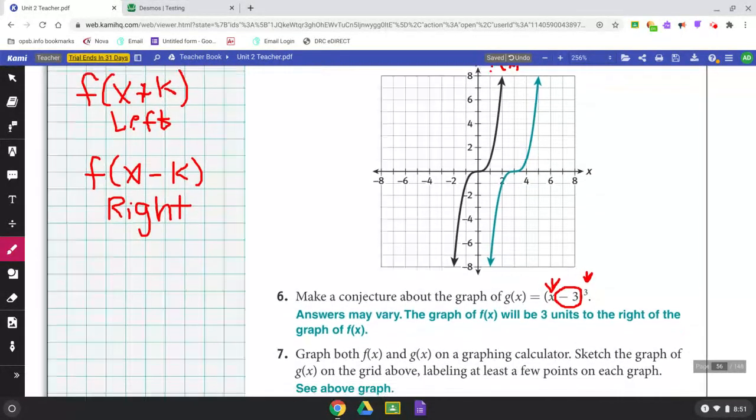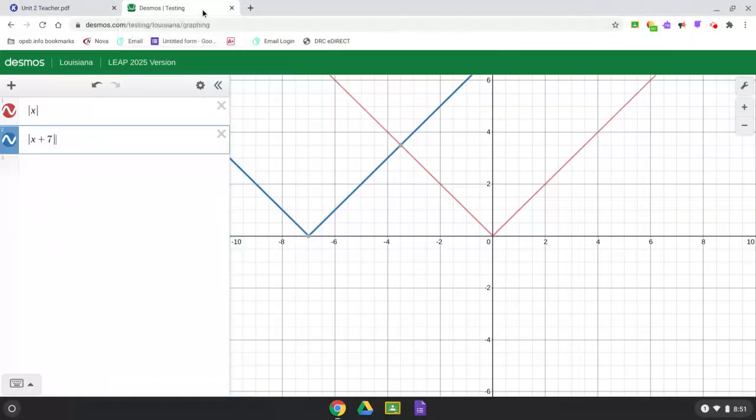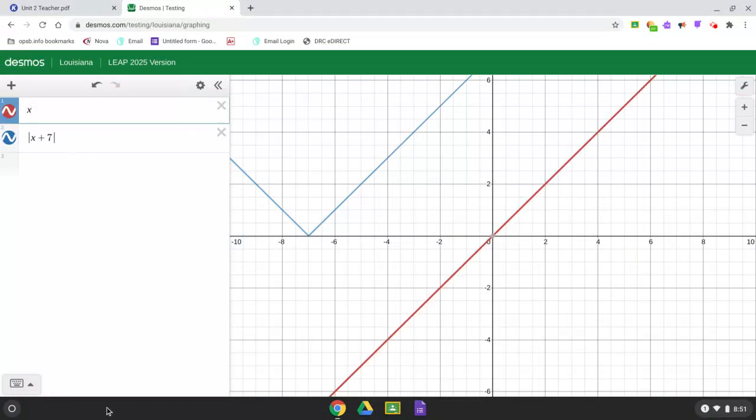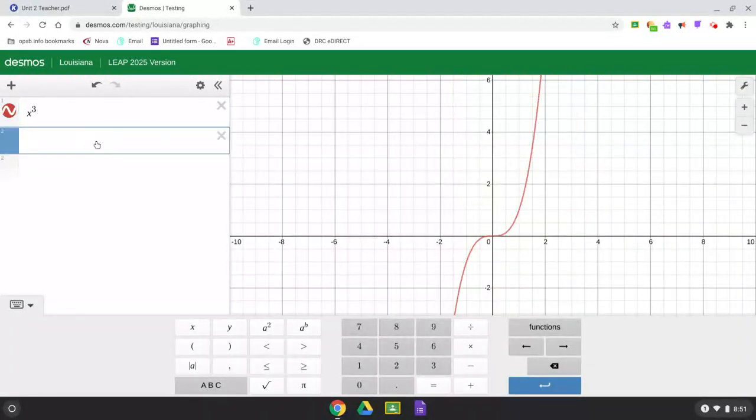Okay, so our conjecture is going to be that the graph will be 3 units to the right. And if I graph this on my Desmos, x cubed and x minus 3 cubed, you'll see my parent function is the red line there.